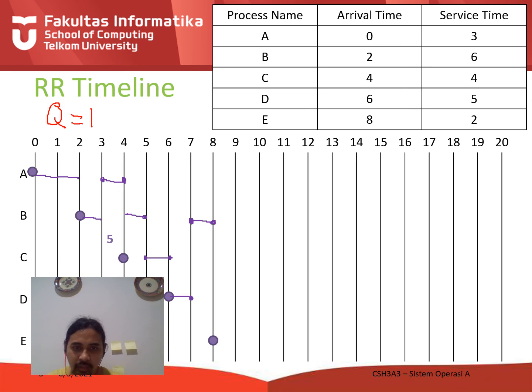Here B is at its third second and needs to run for 3 more seconds, and C continues for its second time. It means that it has run for 2 seconds, and D will go, and D has run for 2 seconds also, and now E has arrived, so E will join the club.